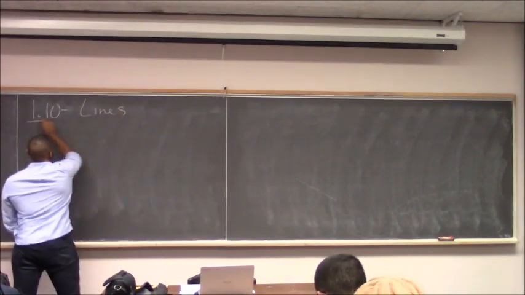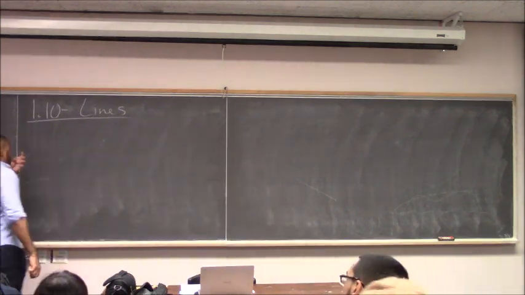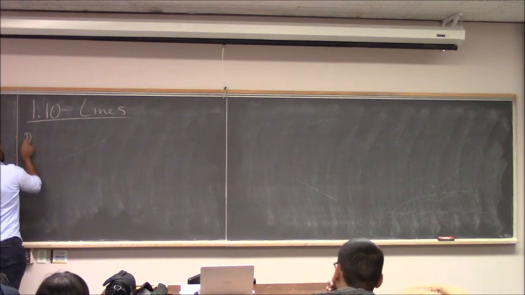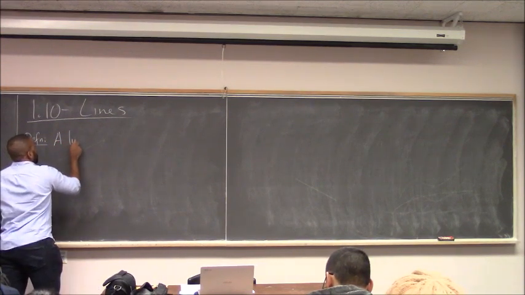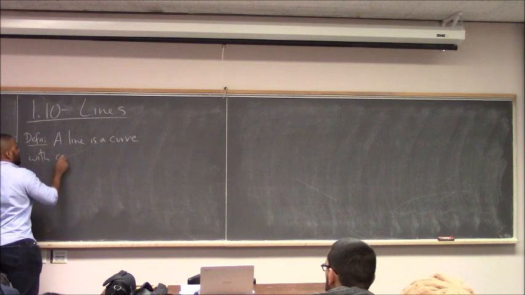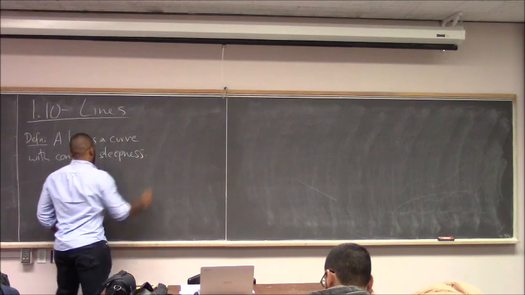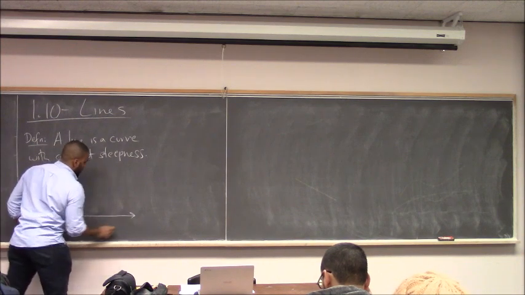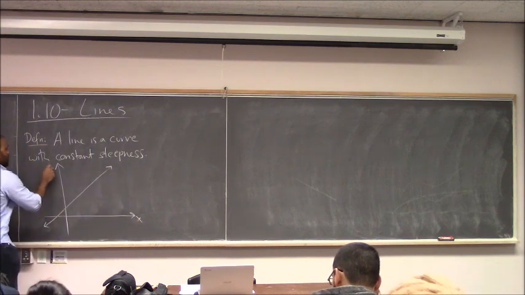Lines. So let's actually begin. Lines are curves with constant steepness. So something like this, for example, is called a line whenever you see that sort of guy.